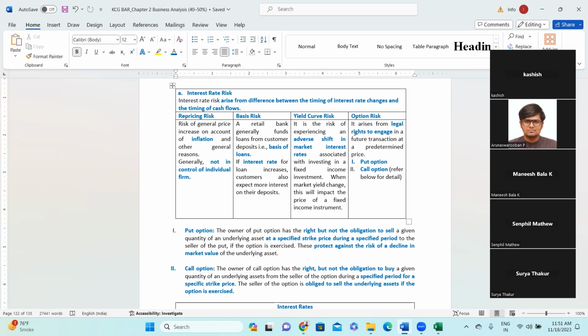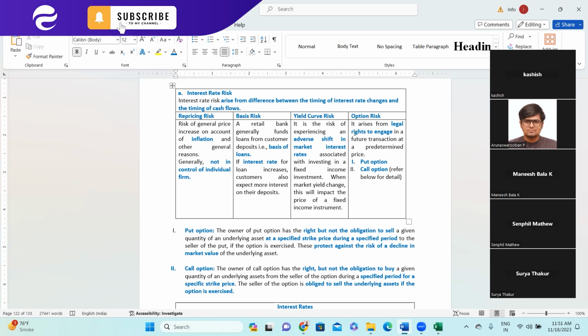So, for example, today you are a company. Let's assume you are ABC Private Limited in India, or maybe ABC Corporation in the United States of America. ABC company has taken an external commercial borrowing from Europe of, let's assume, $1 million.